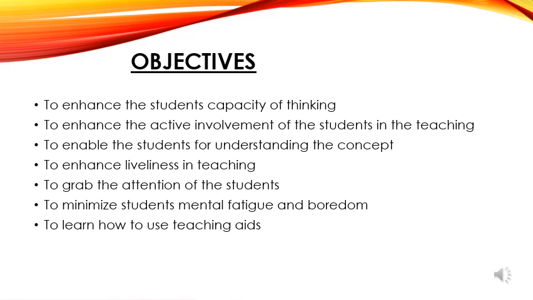Regular teaching learning will make the students tired physically as well as mentally. With this skill, the mental tiredness will be removed, and the boring class will become an active class. The last one is to learn how to use teaching aids. This skill will help the teacher as well as the students to know about teaching aids and their effective use. These are some of the objectives of using the skill of stimulus variation.